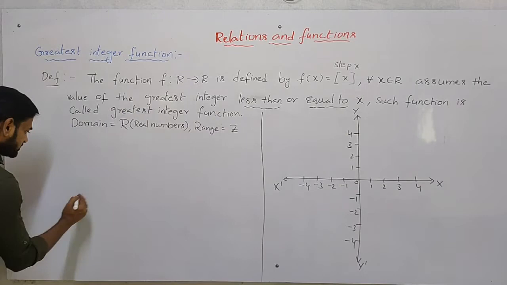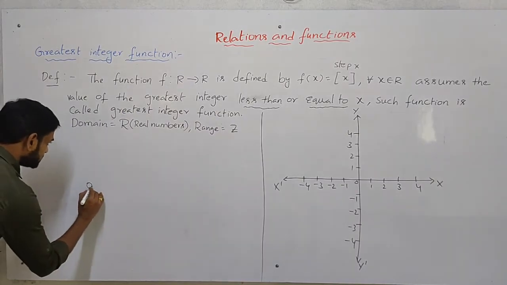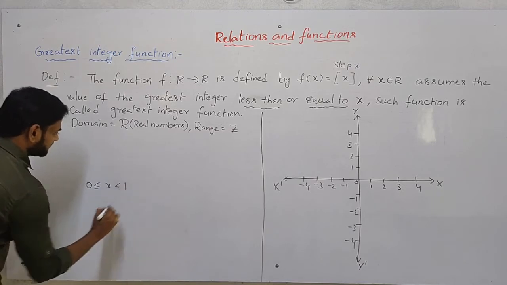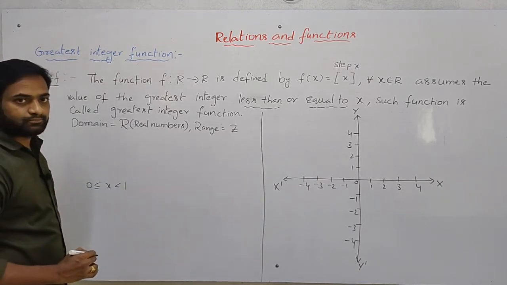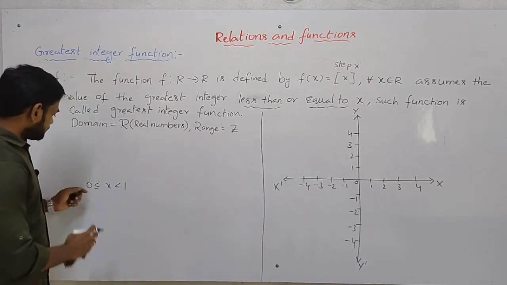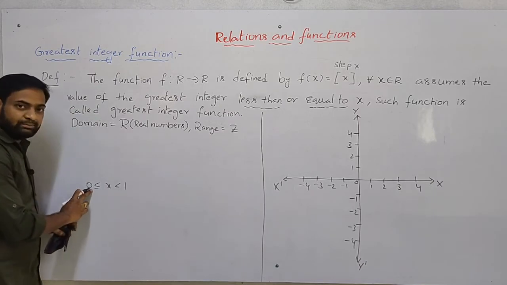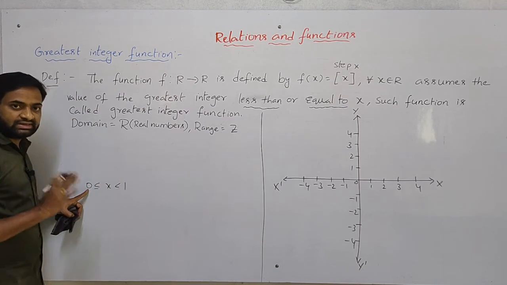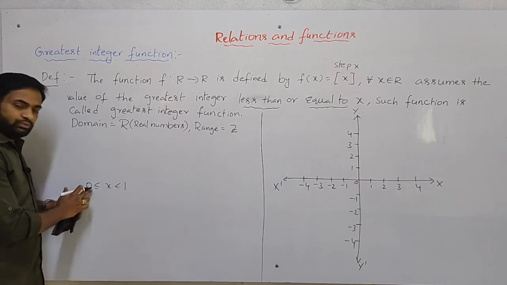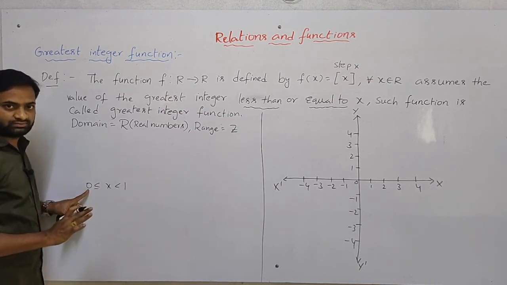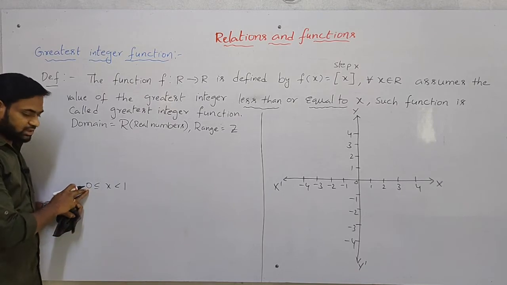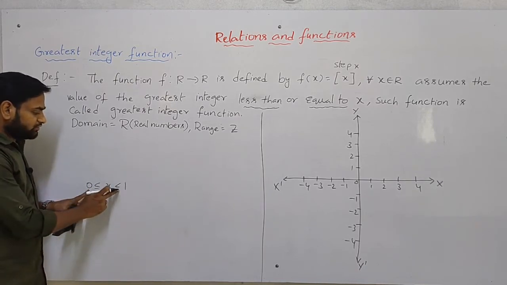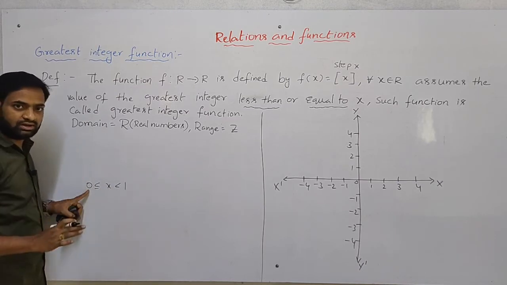See here. Suppose the first value is 0 less than or equal to x less than 1. That means x values I am taking from 0 to 1. But here I am taking 0 but not 1. For 0 there is an equal symbol, but for 1 there is no equal symbol.